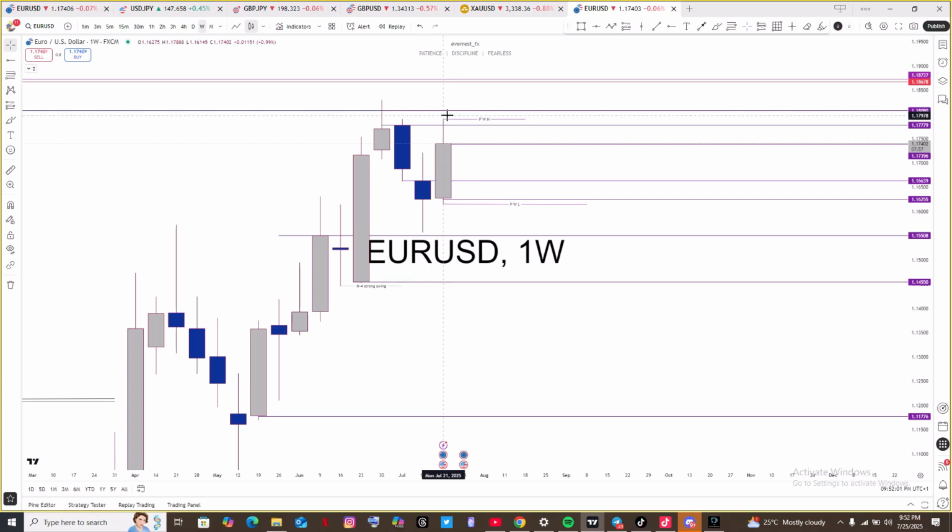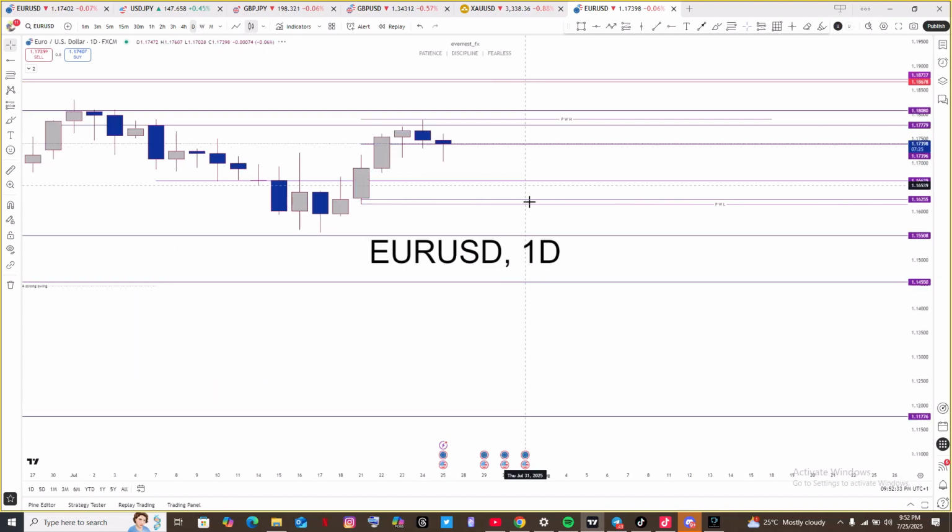Because why I said that is because price is reacting to this point, and if next week opens here, it will first take a low to grab more liquidity before it will take a flight to the upside. Okay, so that's why I believe that next week might be bearish and then bullish. So let's not make conclusion.